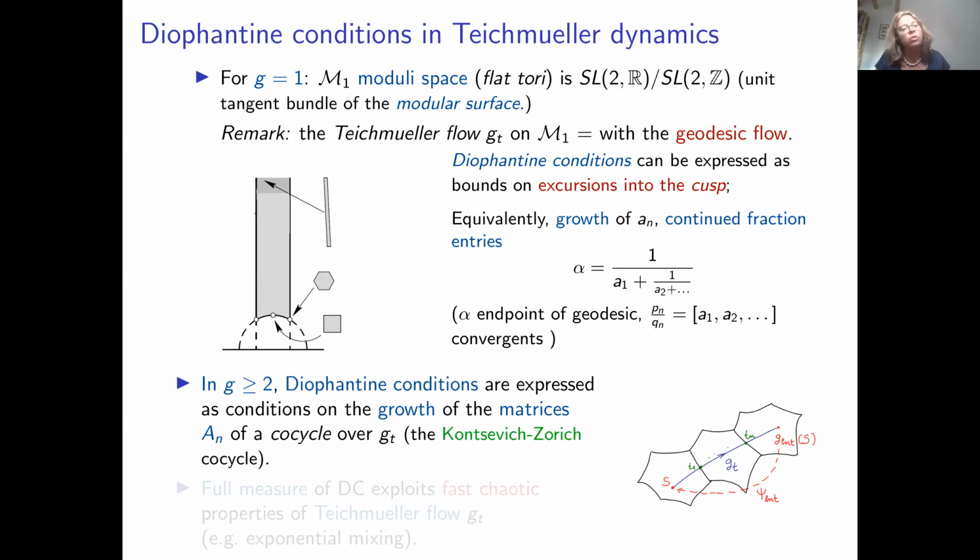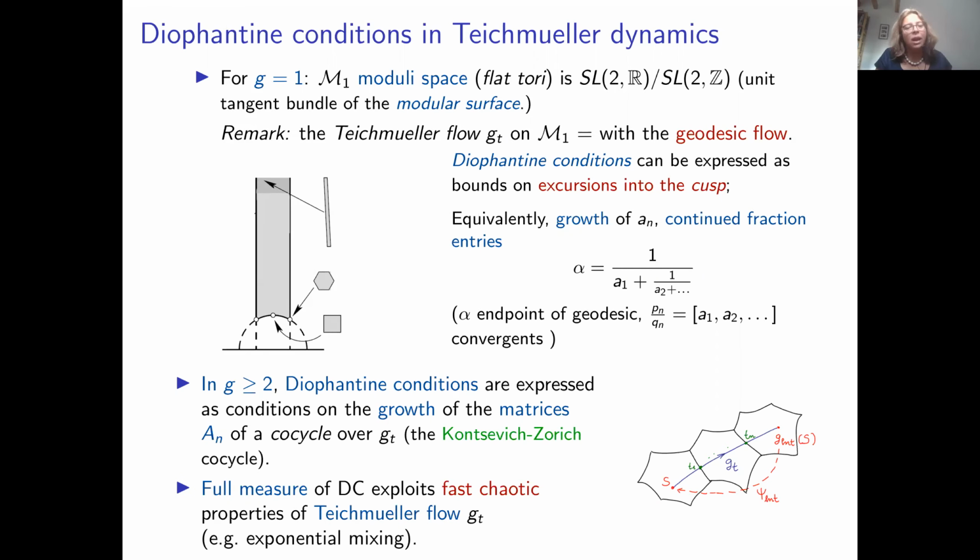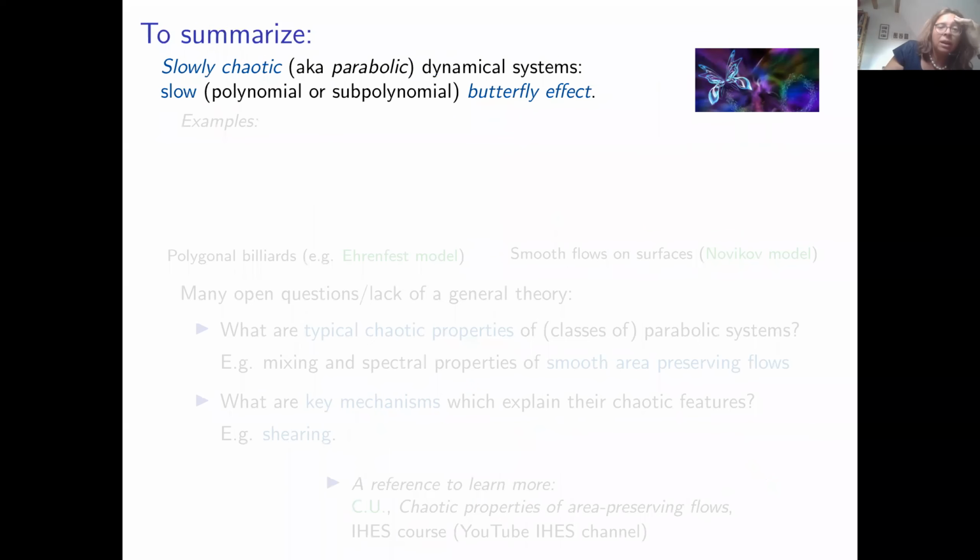In higher genus, we need a generalization of these Diophantine conditions given through the Teichmueller geodesic flow and a cocycle, a matrix product associated to it. The fast chaotic properties of the geodesic flow are useful to prove full measure of these Diophantine conditions. And again, if you're interested, I'm happy later in the questions or maybe privately to tell you more.